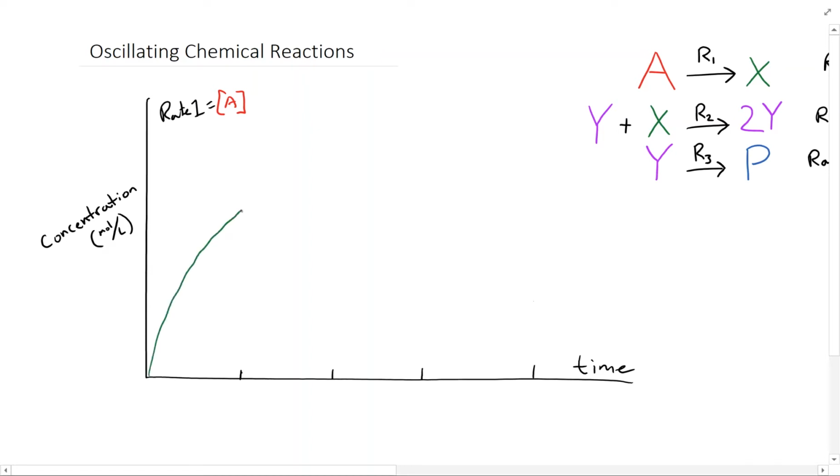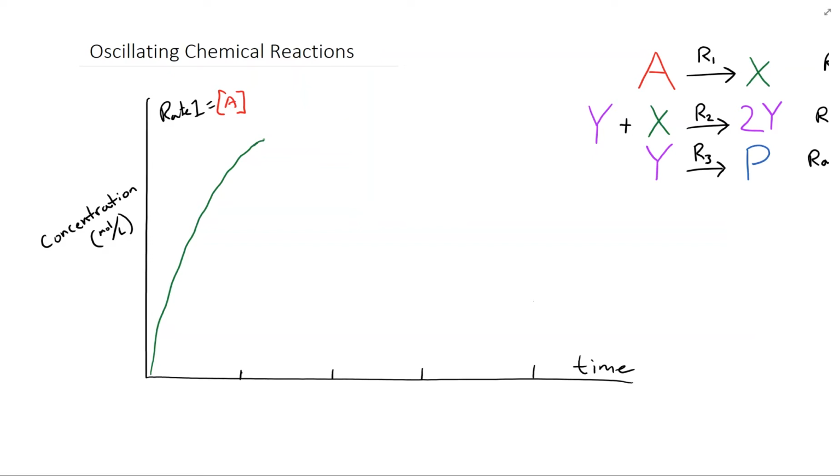And so we'd have, at a certain point in time here, a high concentration of X. In fact, I could draw it even higher. We'd have over time here quite a high concentration of X. Now, eventually it's actually going to start tapering off because we're using up some of that A, but something else really interesting is happening here.